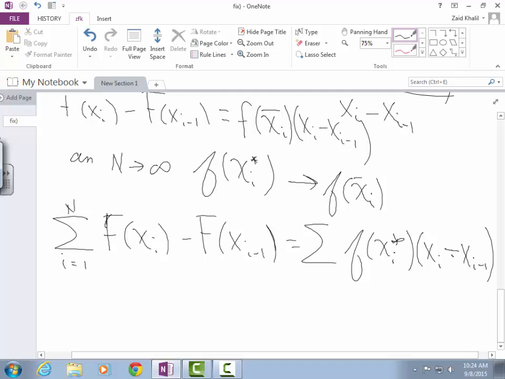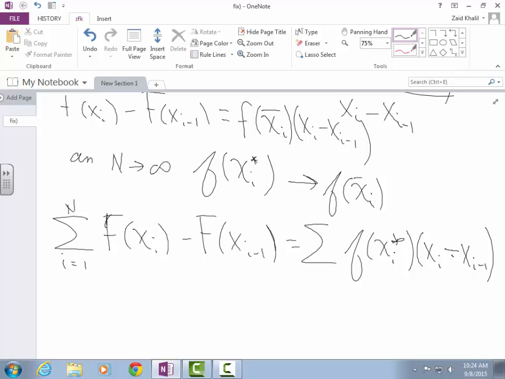But what's the beauty of this? Let's see if you guys can identify what the beauty is. I'll give you a second to talk about it.